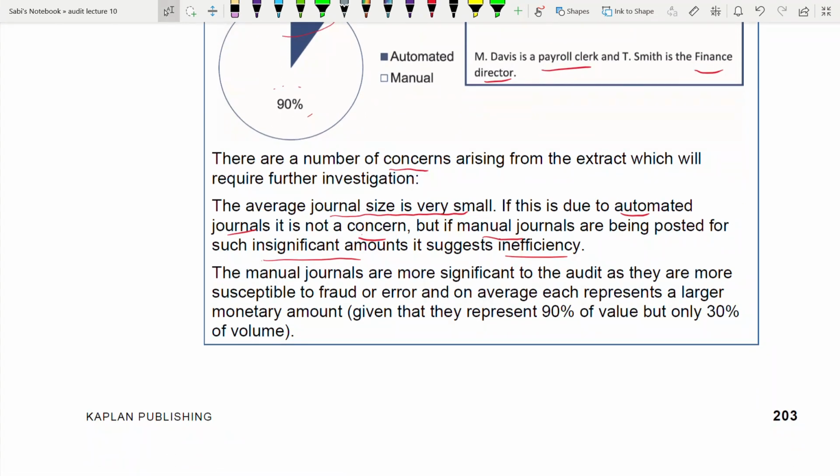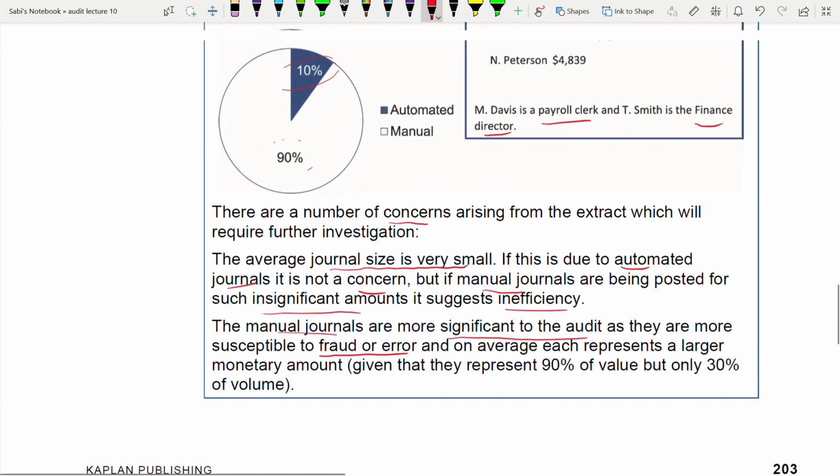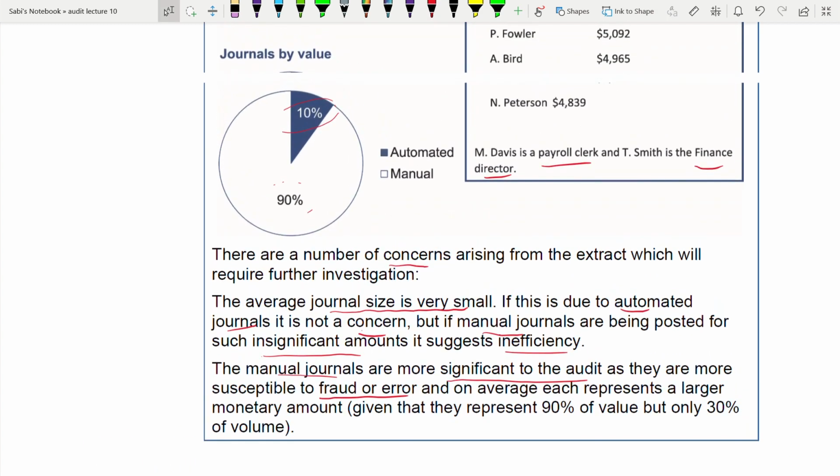But remember, the manual journals are more significant to the audit compared to automated journal. Why? Because manual journal have a higher chance of fraud and error. You can easily change and alter them. And if you go by this pie chart, okay, 90% is manual, which should be of your concern. 90% is manual if you go by the value.